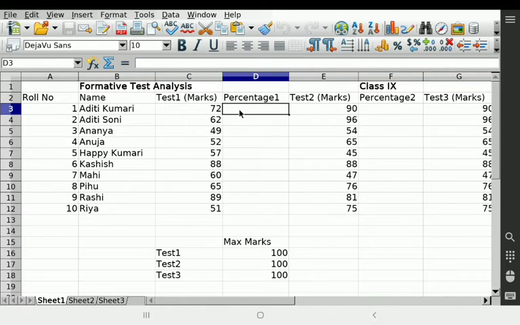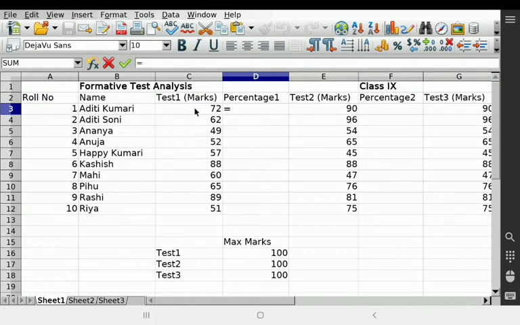So I am going to write here the formula for calculating percentage. Then see what I am going to write. I am going to calculate percentage for Aditi Kumari for test 1. So here equal to sign we will write first. Then the cell address for this 72.